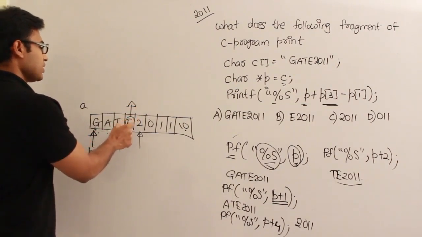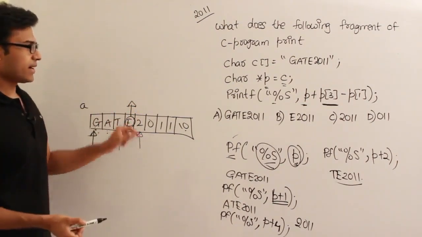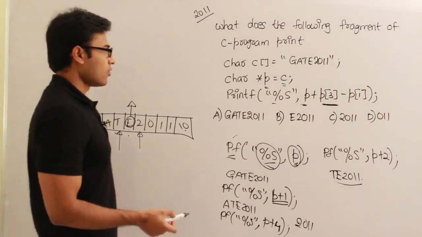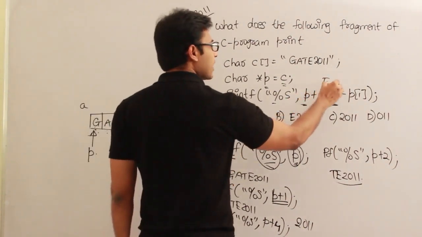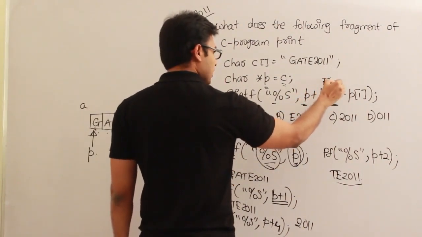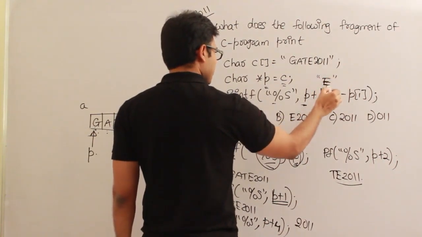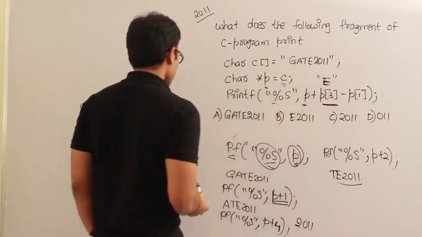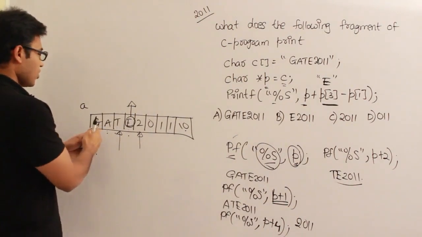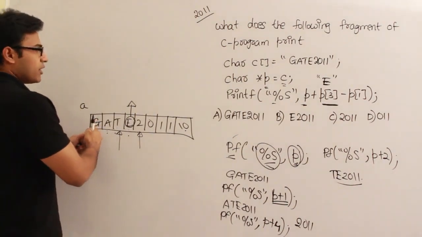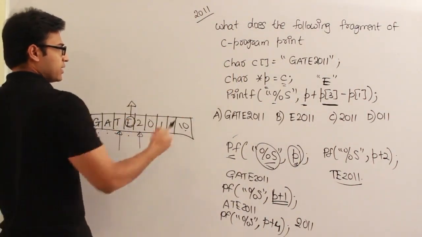Even though it is a character, it will be converted into its ASCII value, and I really don't know what the ASCII value of e is, and I need not know about it also. Let's assume the ASCII value of e is something, then p plus e means from p, from G, it will point e elements ahead. E is nothing but the ASCII value.